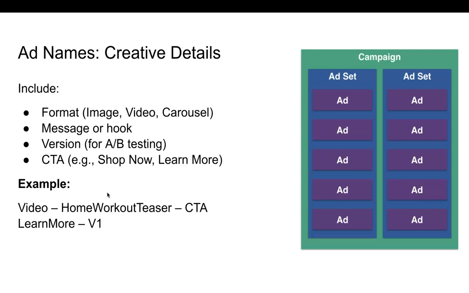So a good example that we have here is video, that is the format. We also have the message, which is the home workout teaser, call to action right here. And what type of version is this? This is the number 1. This is the first variation.